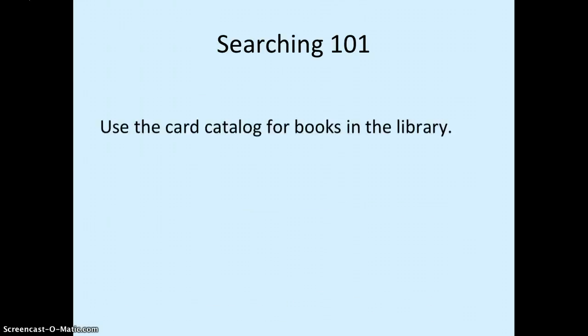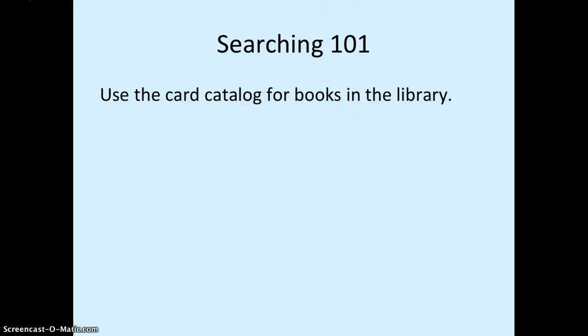The first thing when you're searching in the library is you need to find a book, one book. So you want to use the card catalog to find books in our library. I'm hoping you know how to use the card catalog, but just in case, let me show you.